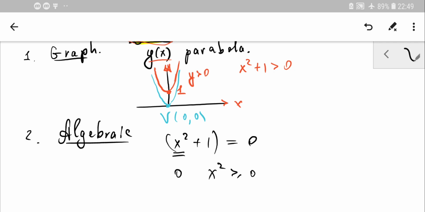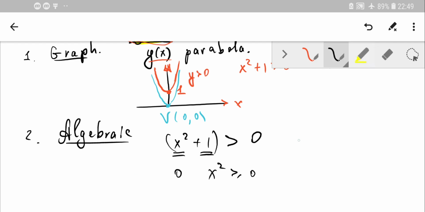Let's say indeed, take 1. 1 squared is positive. 0 squared is 0. Negative 1 squared is also positive. So it can never be negative. And on top of that, you add 1. So the whole expression is completely positive. That's why it can never be equal to 0. So x squared plus 1 never equals 0. So no solution, an empty set.